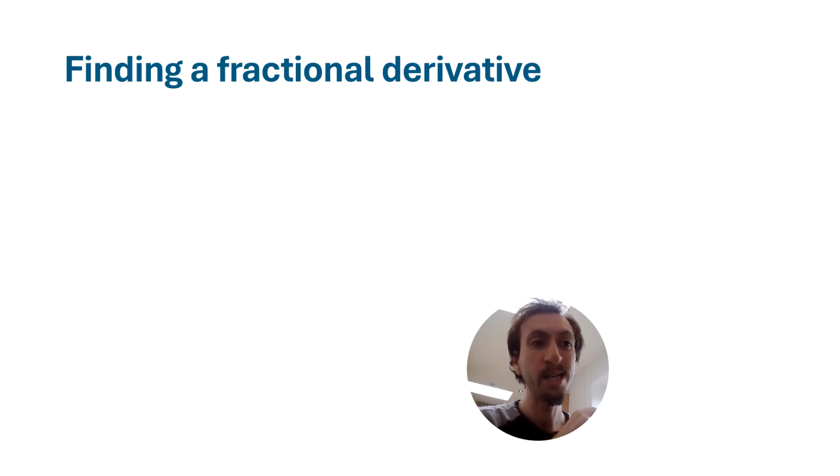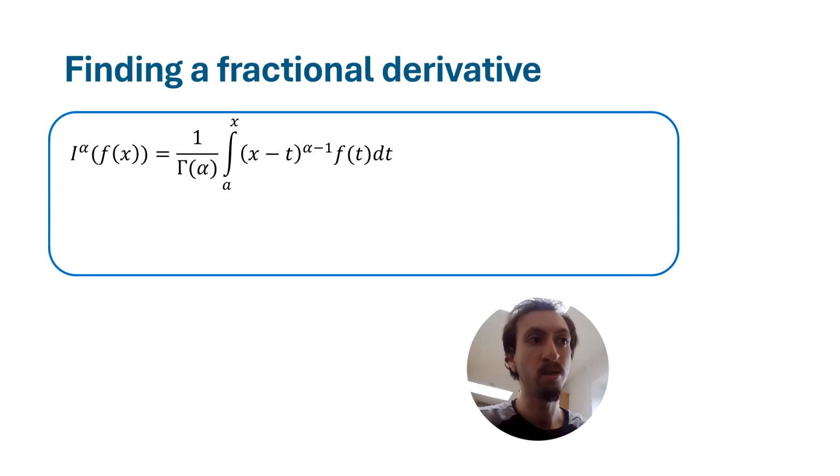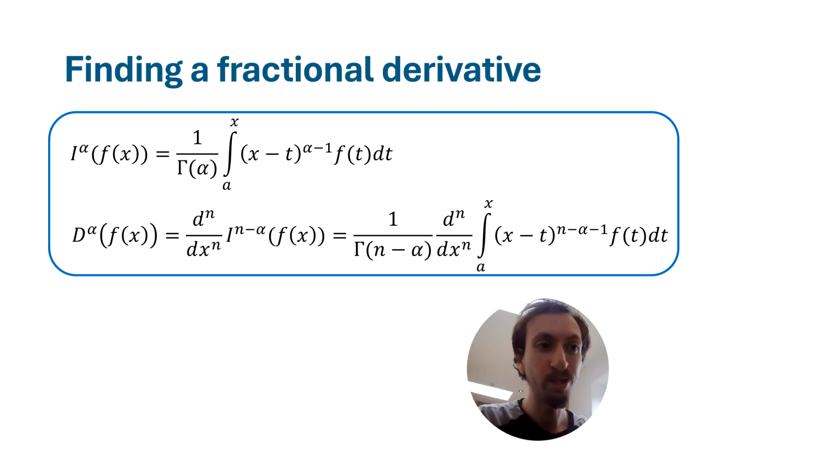So we've seen the Riemann-Liouville fractional integral. Let's now find the fractional derivative from it. So we start with the fractional integral, and then, as mentioned, we can use differentiation to undo integration and get a fractional derivative operator.